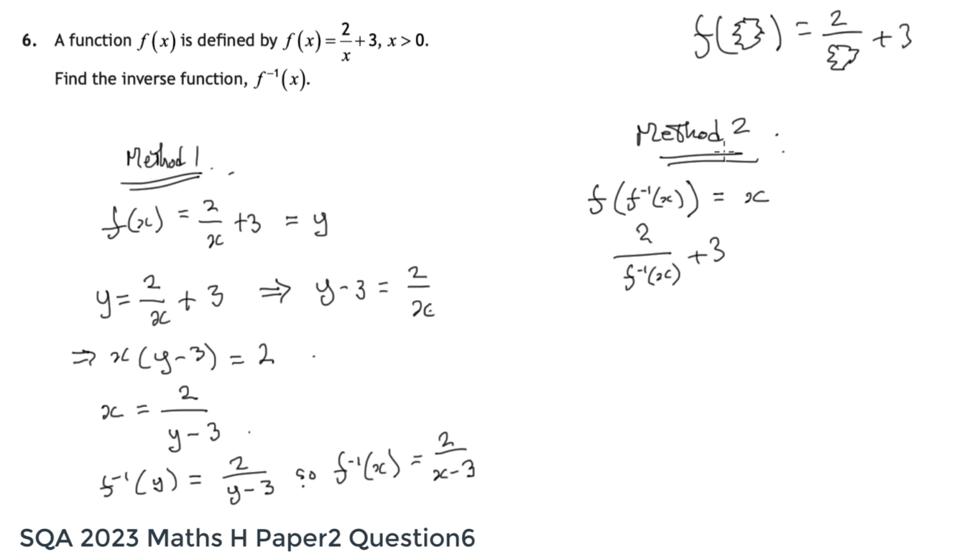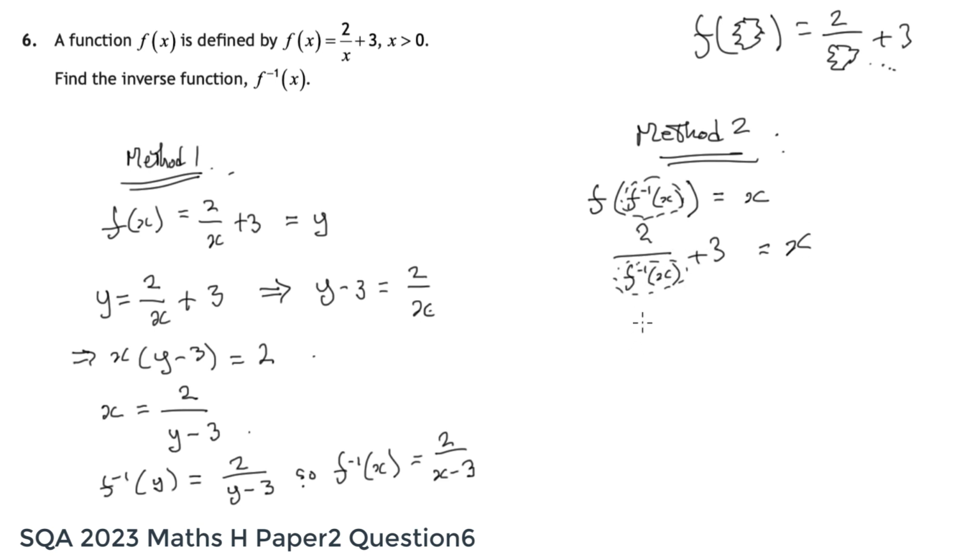In this case, squiggle is f to the minus 1 of x. So you get 2 over f to the minus 1 of x plus 3. That's the pattern for what f does when you put something into it. So that gives us x. So let's try and work out what f to the minus 1 of x is.